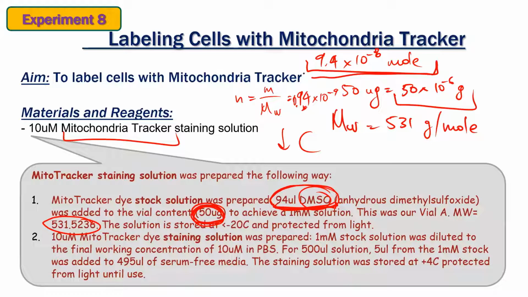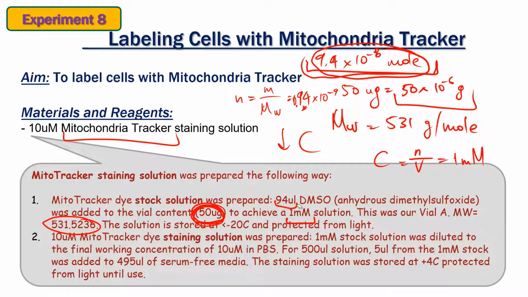This is the amount of the substance, and now we are calculating the concentration. As you remember, the molar concentration is the amount of the substance divided by the volume. So we have this amount of substance divided by 94 microliters of the DMSO, and in the end we get 1 millimolar concentration, which is written here.